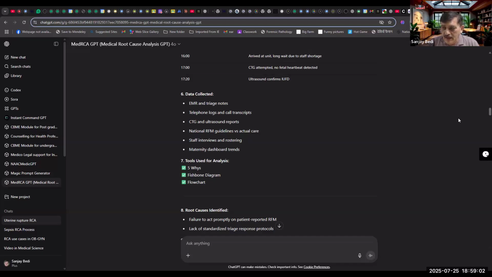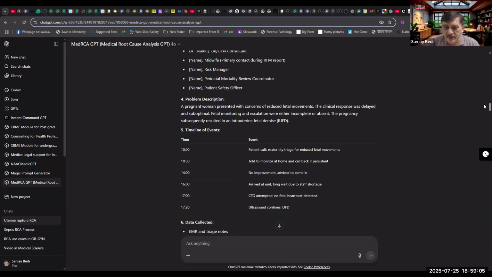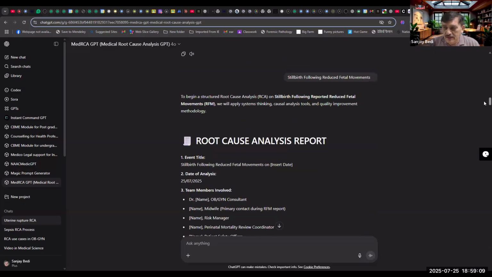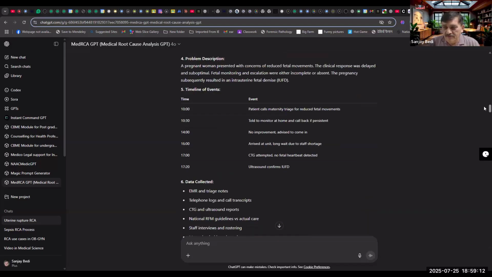I know this can bring quite a lot of change in the system, without reducing anyone's efficiency or blame culture. I knew about root cause analysis since many years, since I attended a workshop in Delhi, in Maulana Azad Medical College, but I could never apply it.